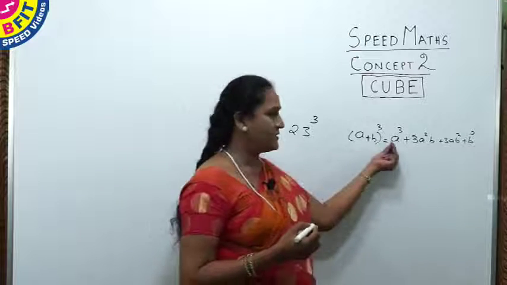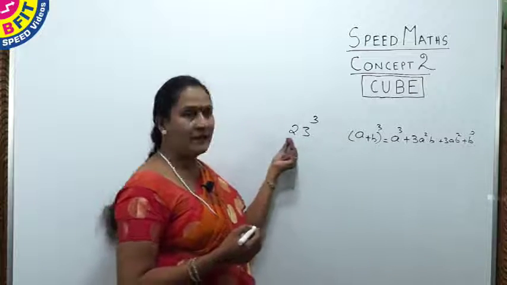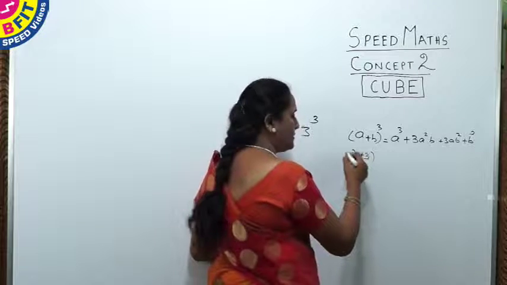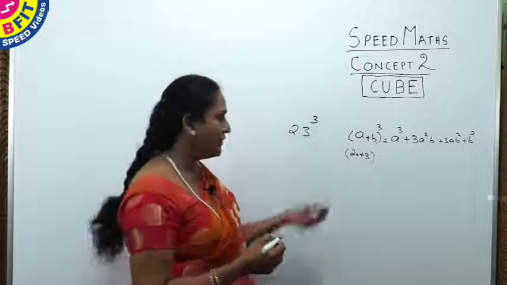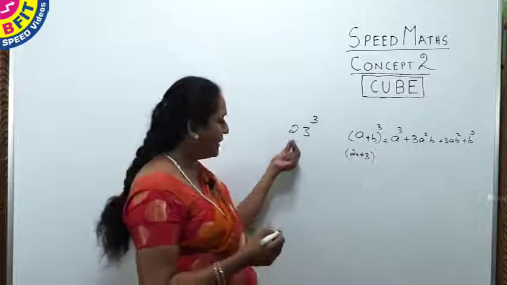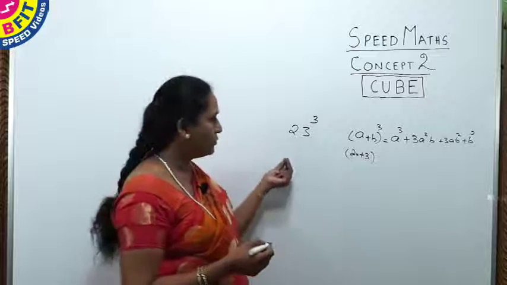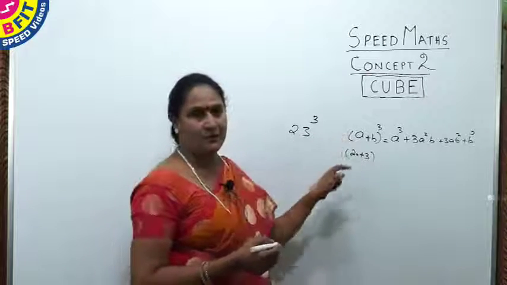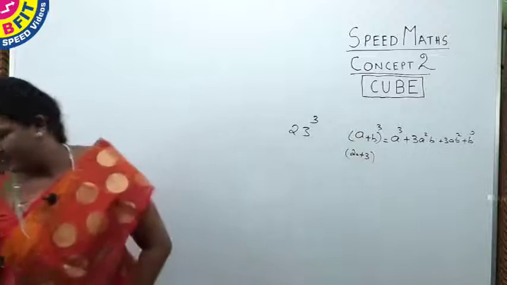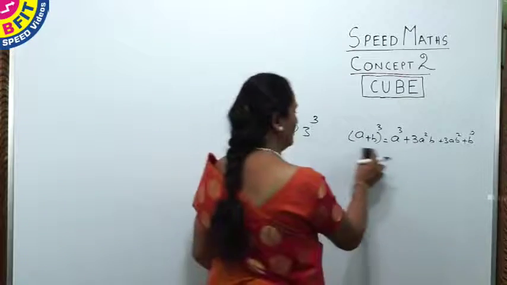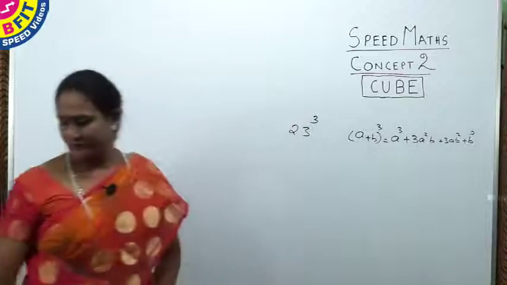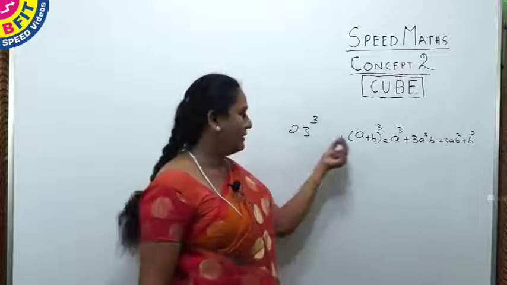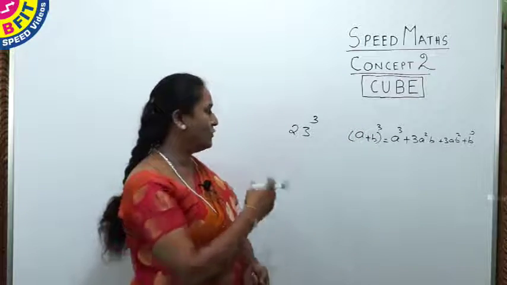So first term is a cube, so we could split this as 20 plus 3. But instead of taking 20, we'll just take the placement of the digits, that is 2 and 3. So we'll take 2 as a and 3 as b and proceed. Normally they'll use this identity to expand a plus b the whole cube or find the cube of this number.